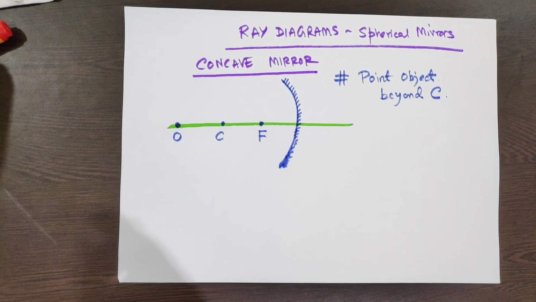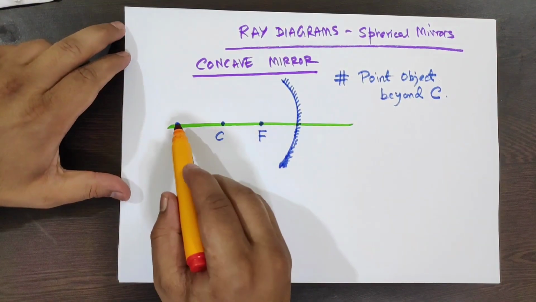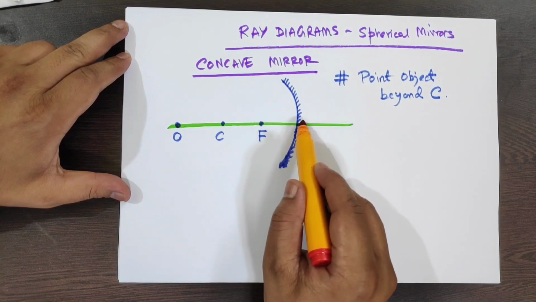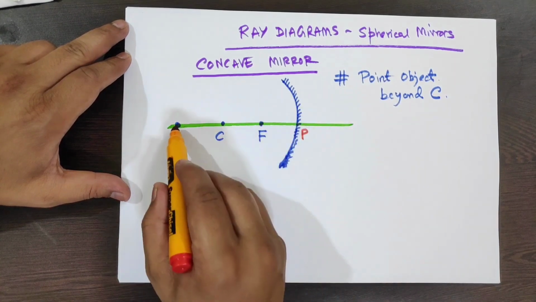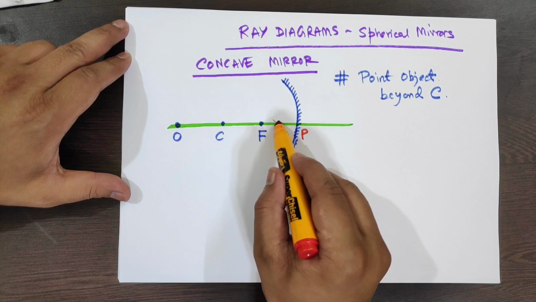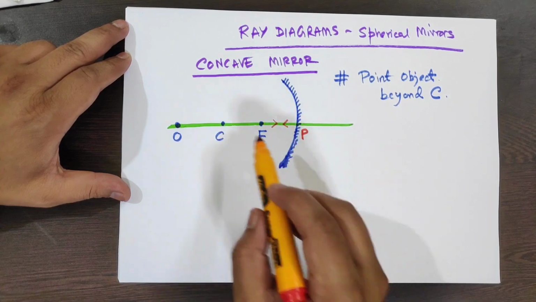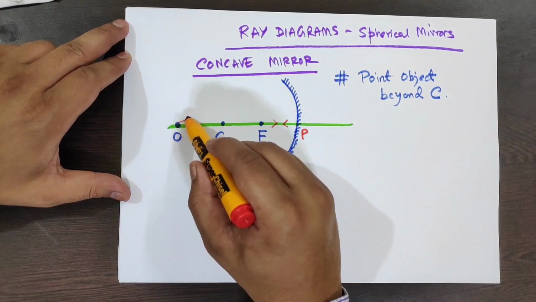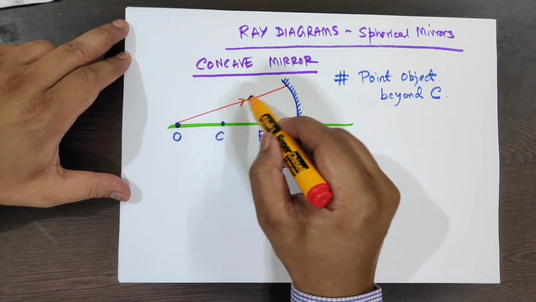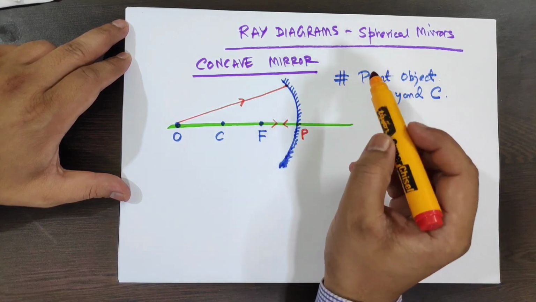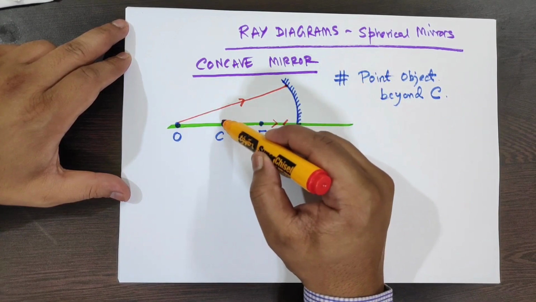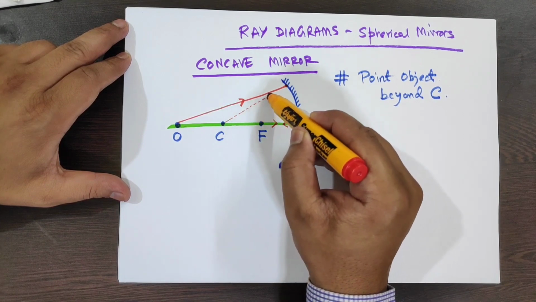So just think about the light rays. One light ray will go here. This is the pole. One light ray will go here. Normal incidence, it will come back. And this light ray, here it will strike the mirror, and this is the normal.